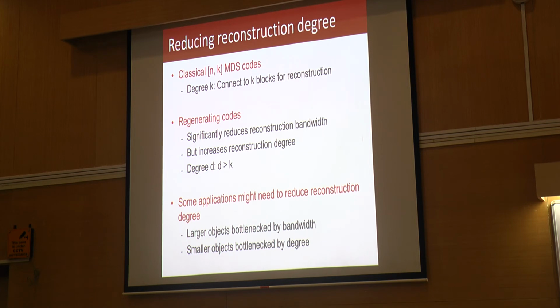And hence, just by needing to connect to more, you increase the chance of having some stragglers. And typically, if you connect to 10, one of them will straggle. And that way, just by needing to connect to more, increases the latency. Okay, so that is why for some applications, there is interest to reduce the reconstruction degree.